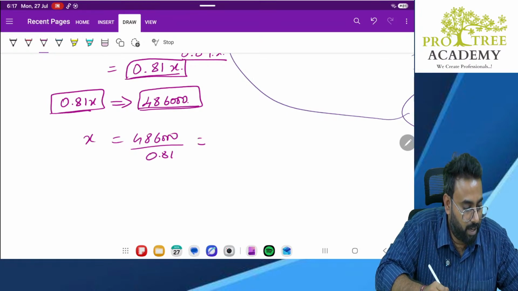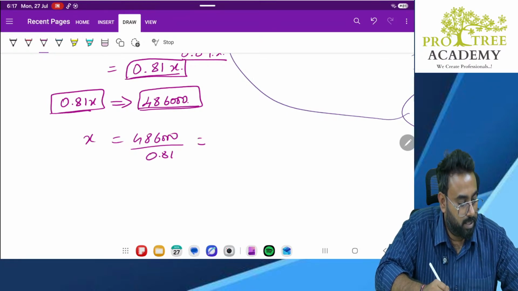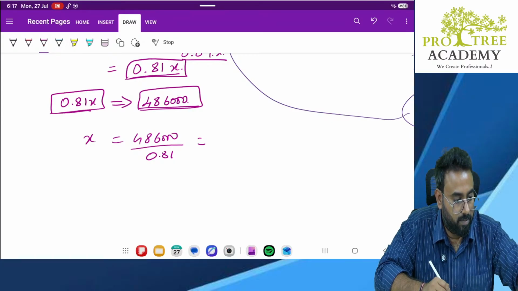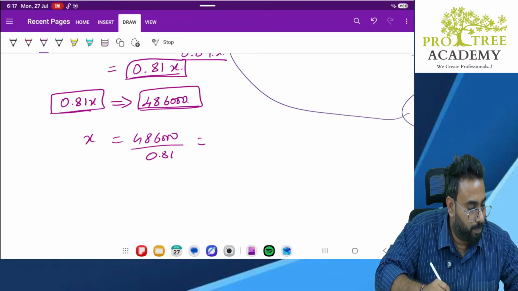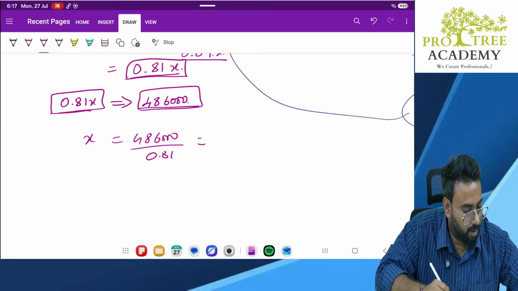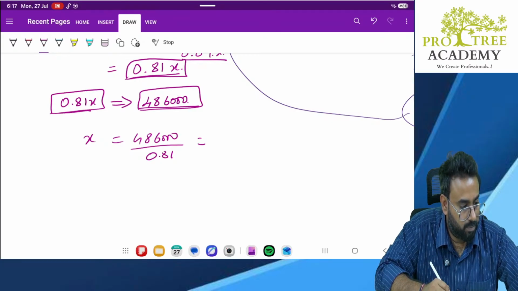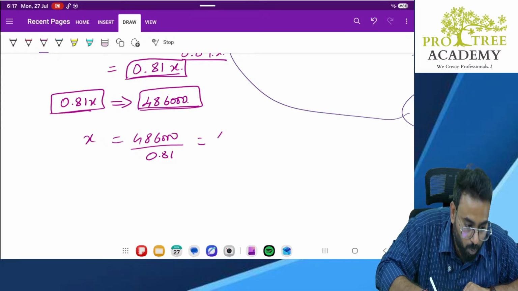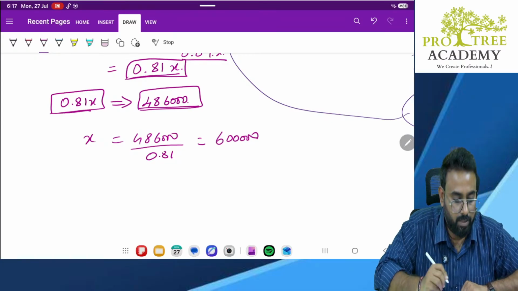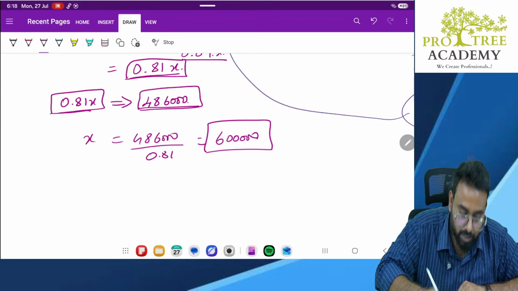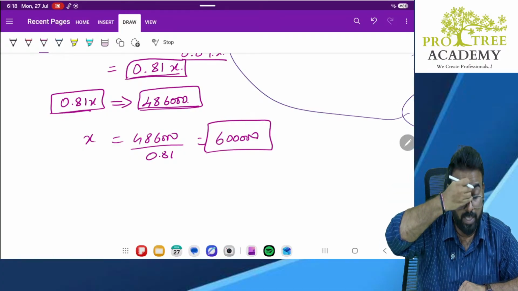Please calculate and type in your answers. That will give you 6 lakh rupees. So 6 lakh was the original price of the asset.